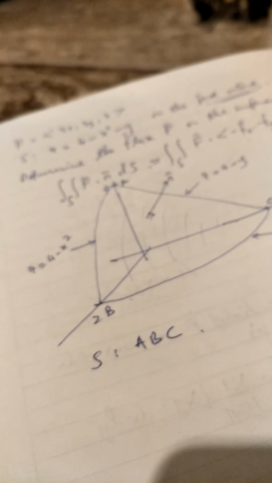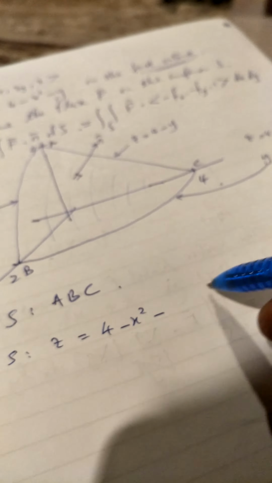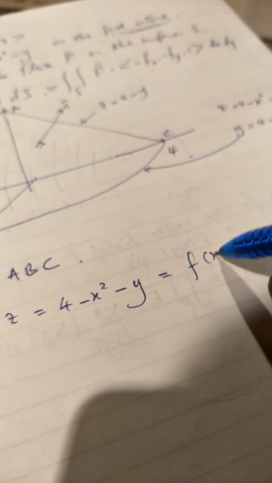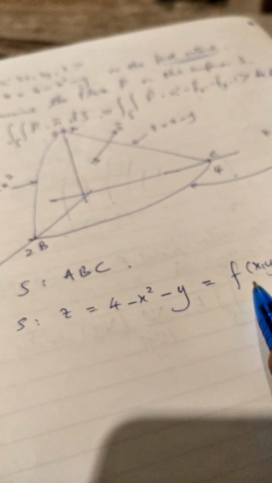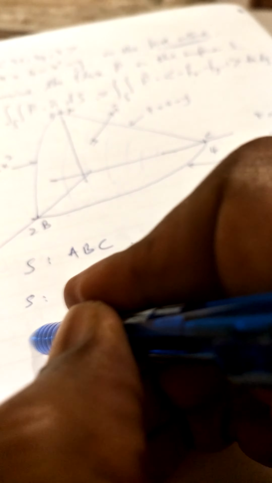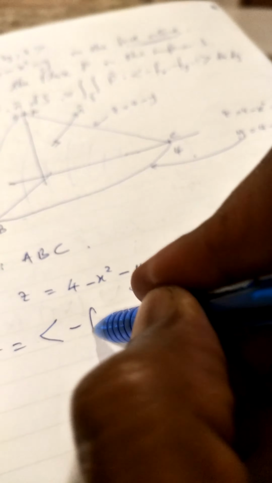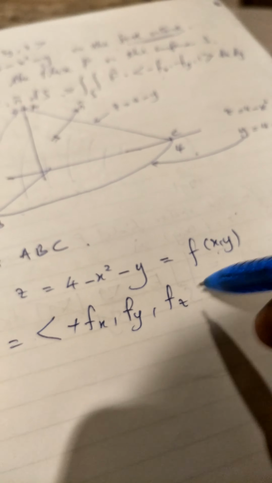Now we need to identify what our f is from the given surface S, which is z equal to 4 minus x squared minus y. You may take this as a function of xy. We take partial derivatives, because del f is negative fx, fy, fz.